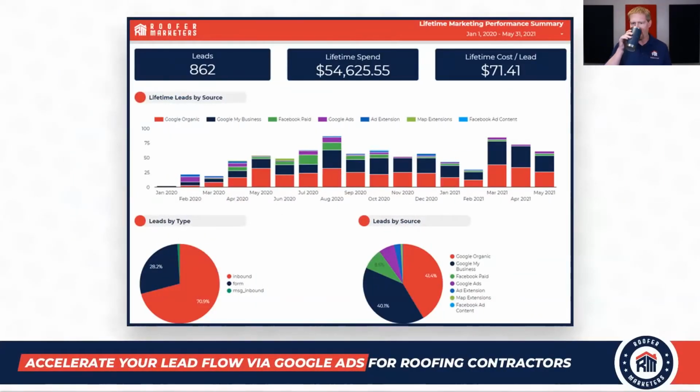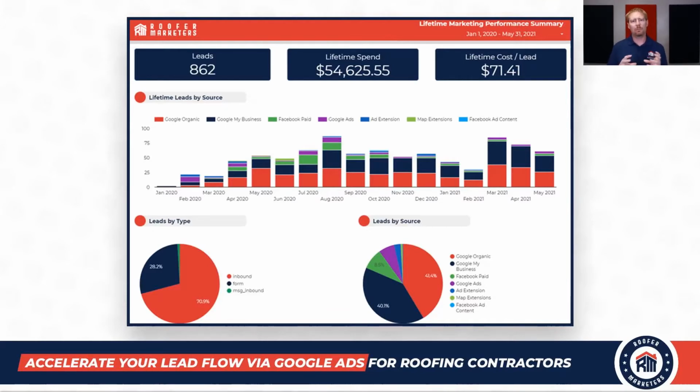This is a company that we've been working with for a year and a half now. Next Gen Roofing out of Massachusetts. And you can see that this is all of their leads and their lifetime lead cost over time. And that's between their Google Organic, their Google My Business, their Facebook ads, all of these different channels.